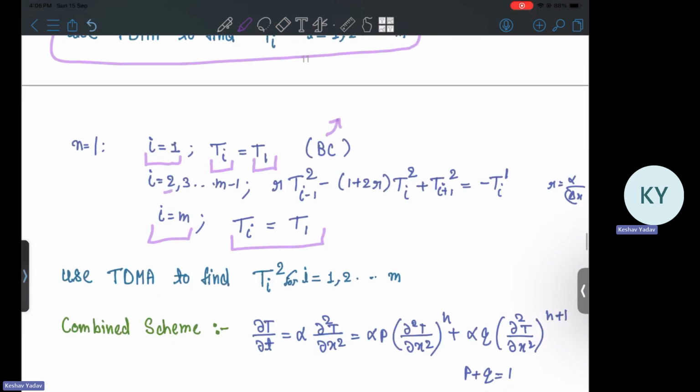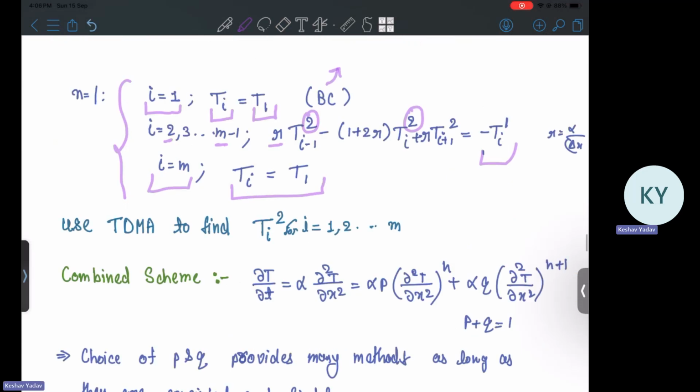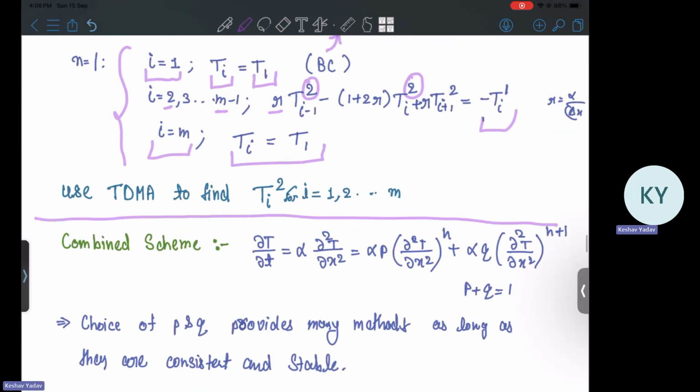Now from i equal to 2 to m minus 1, we will have r Ti minus 1 at second minus 1 plus 2r Ti at second plus r Ti plus 1 at second, that will be equal to minus Ti at first. Again, we have a tridiagonal system. So this can be solved using the Thomas algorithm. Okay, so this is the implicit scheme. Okay.